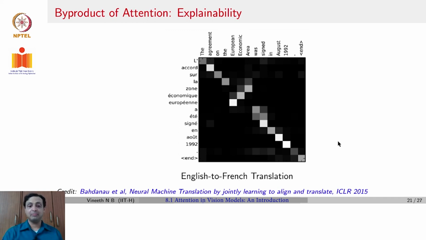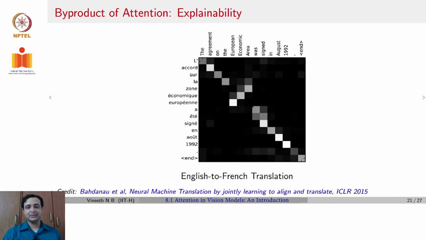If you have, say, a machine translation task, you know that when you generated a certain output word from a decoder RNN, your attention model or your context vector tells you which part of the input you looked at while predicting that word as the output, and that automatically tells you which words in your input sequence corresponded to a word in your output.